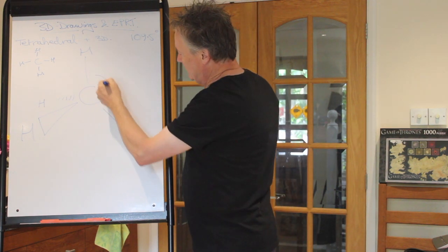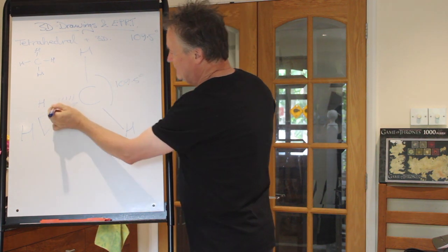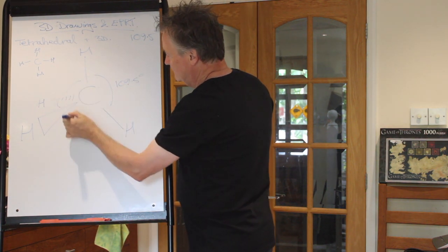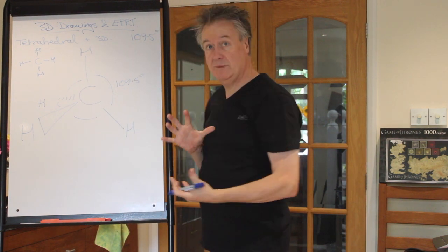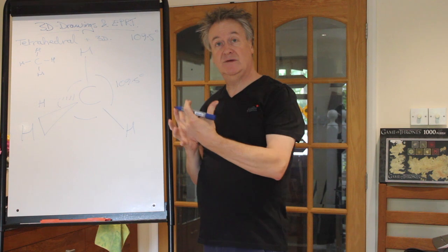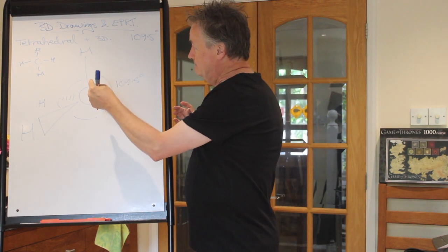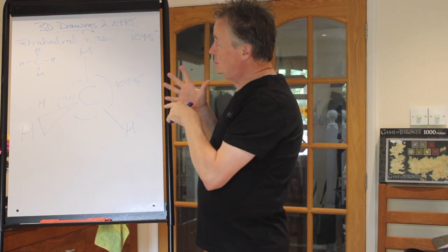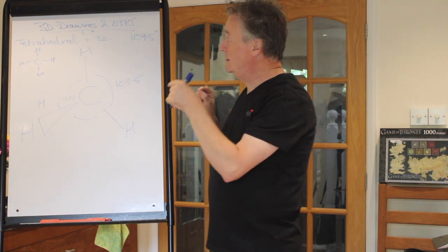So that angle there is the 109.5 degrees, as is that angle there, that angle there, that angle there. All of the angles are 109.5 degrees. It's a completely symmetrical molecule with 109.5 degrees between any 2 bonding pairs. So that's the basis for tetrahedral drawings that you then modify.